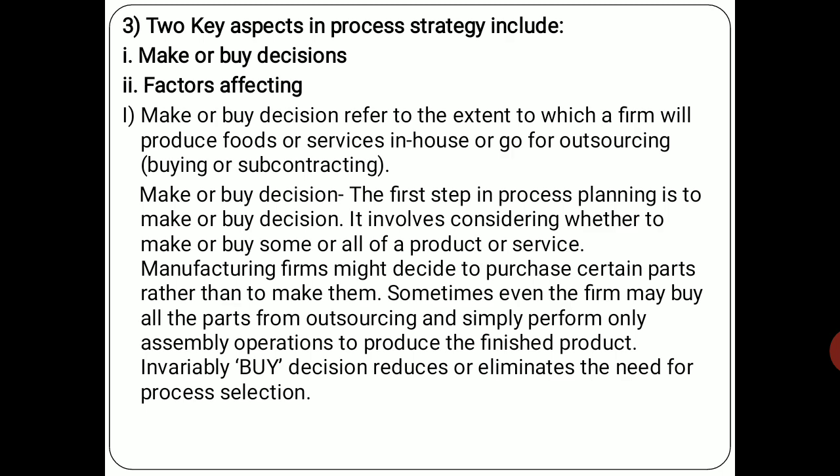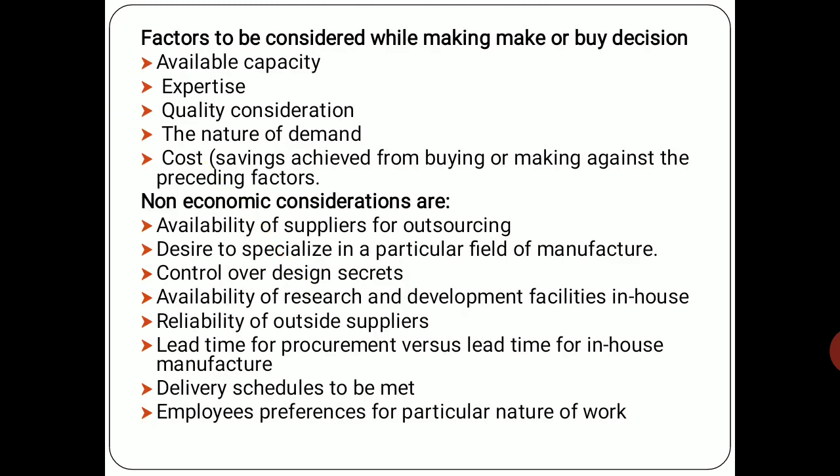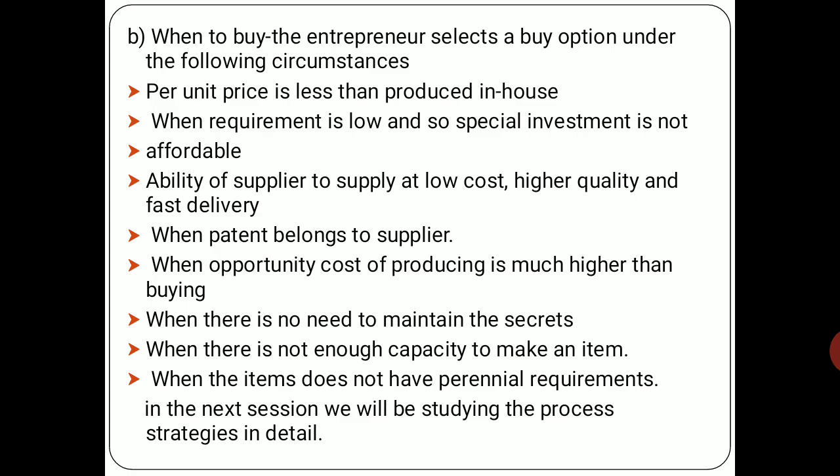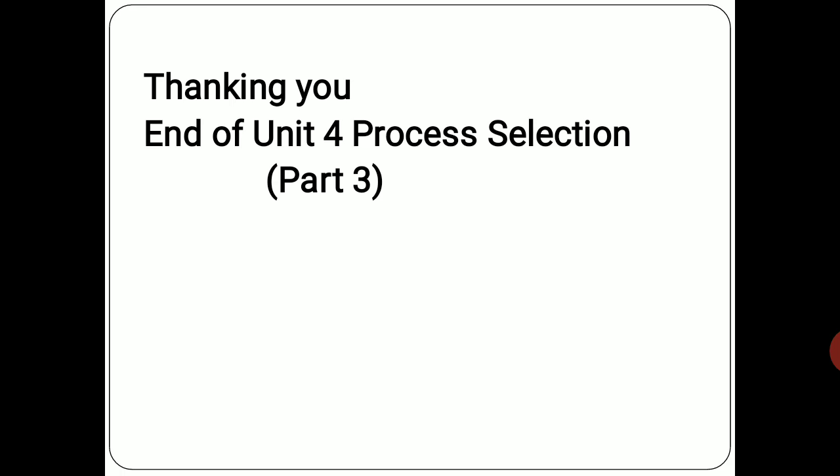Process strategy depends on two decisions: whether you are making it or buying it, and the factors and situations related to it, which we have studied today in detail. When we meet in the next lecture, we will take up the strategies in detail, what type of strategy can be chosen by the management. There are generally 3 types of strategies, but that detailed study we will do in the next session.